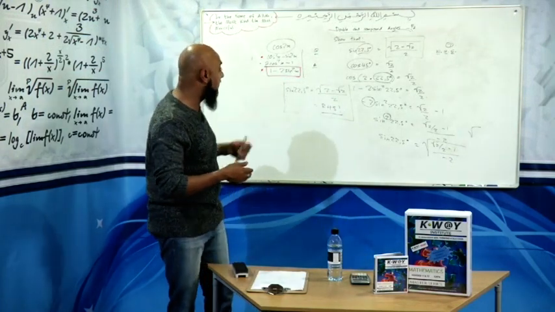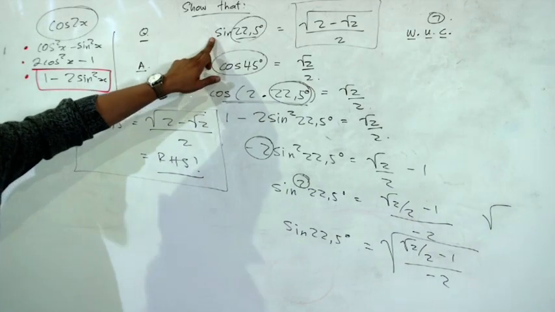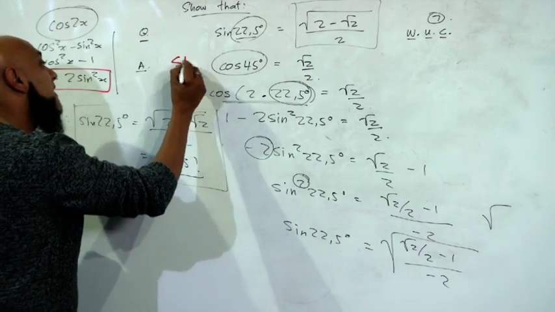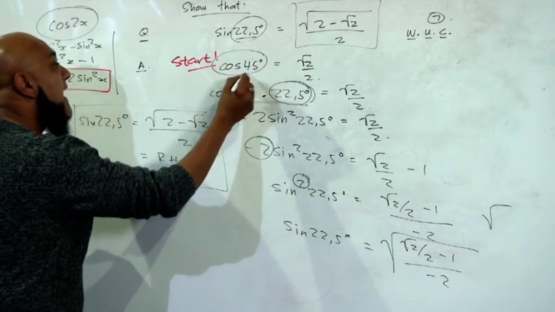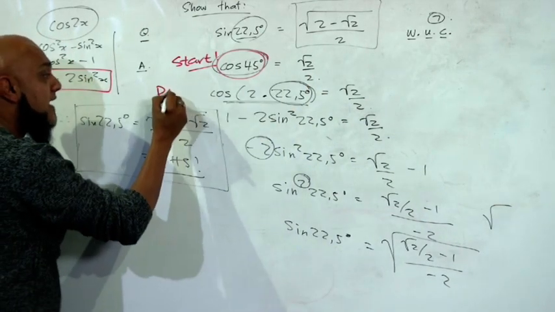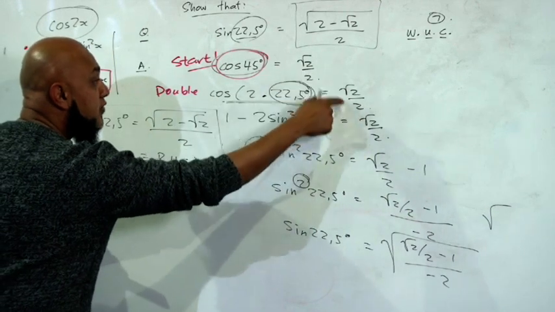Okay, hope you guys have taken this one down. Just to go through a quick recap, you needed to prove that sine 22.5 is equal to that. That's your starting point. Start with cos 45 is equal to square root 2 over 2. That's your double angle: cos 2 times 22.5 is equal to square root 2 over 2.